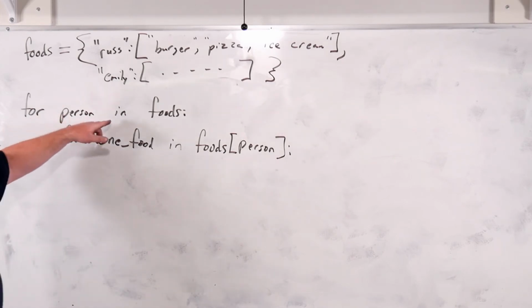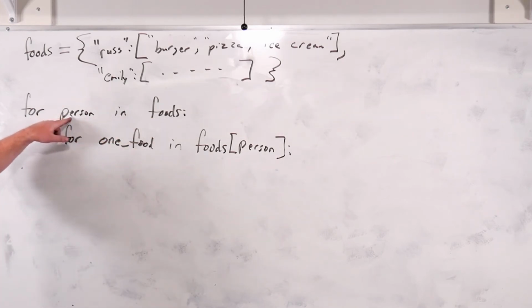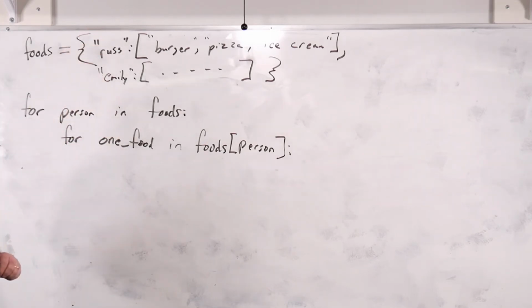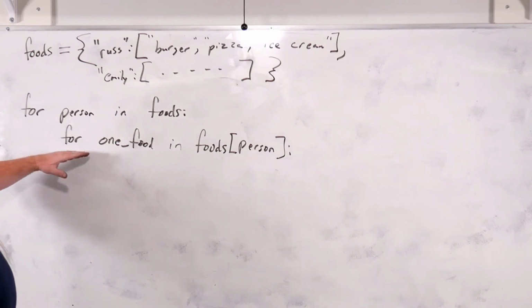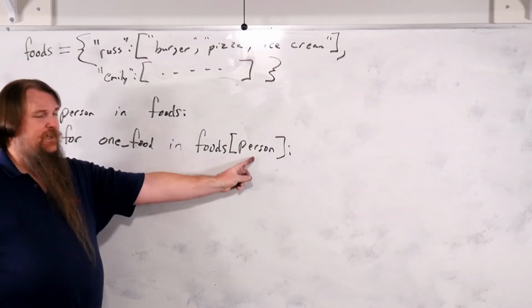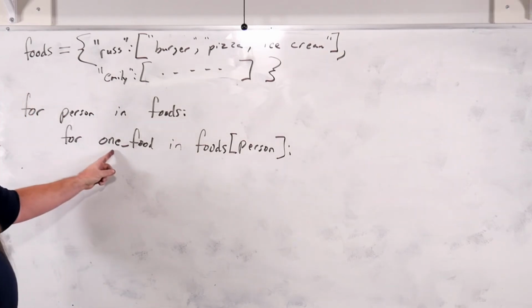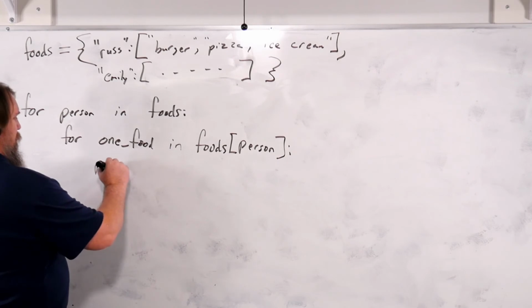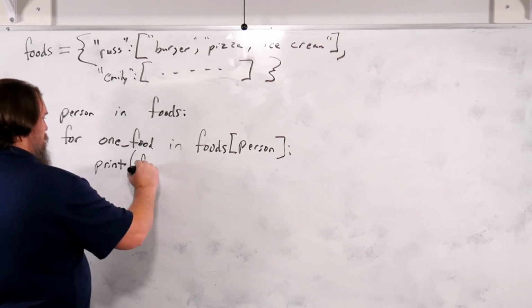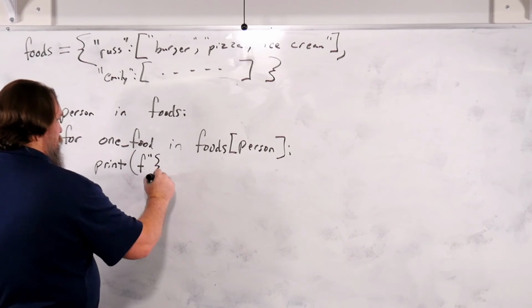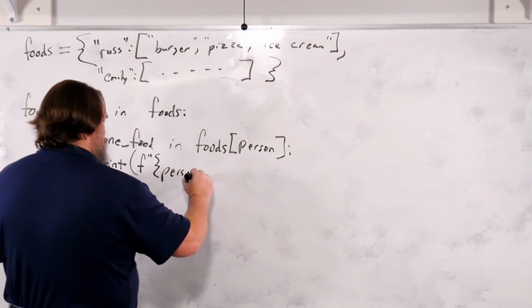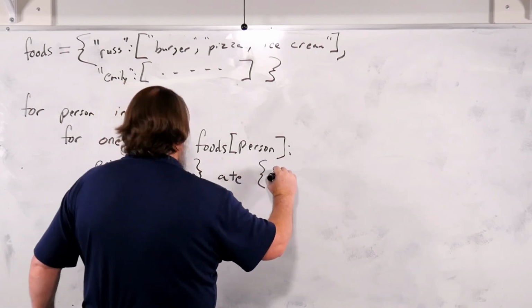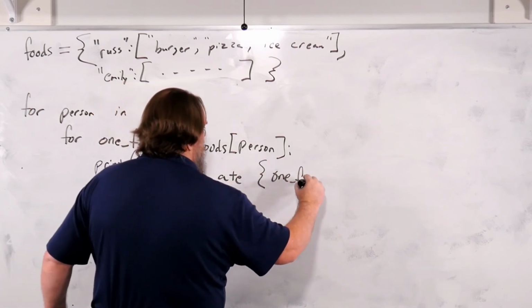So here we say we're going to iterate through for one person. We're looking for all of the names. So it's going to do Russ and then it's going to do Emily. Then for that one person, let's iterate through all the foods they ate. And now we can say print, let's use an F string. Person ate one food.